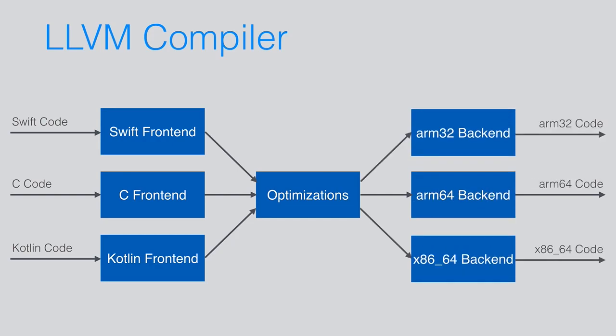So that's the front end, and then on the back end, that's the machine specific stuff. So your ARM 32/64, x86, microcontroller, Windows, whatever you've got back there, that's where it is.